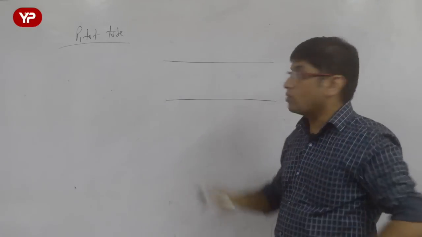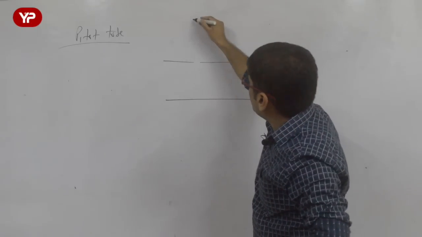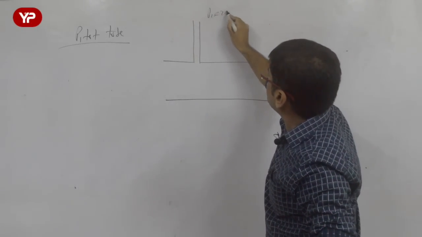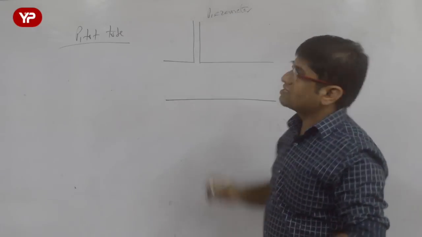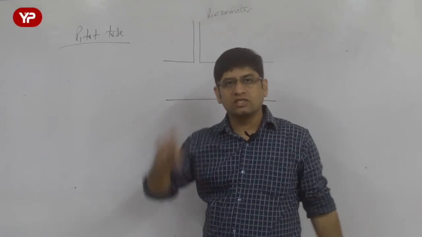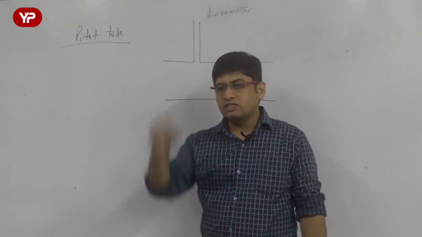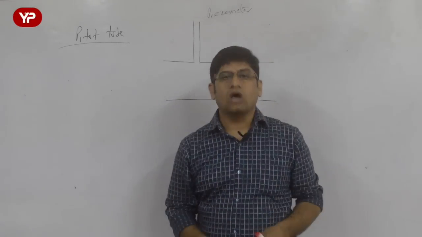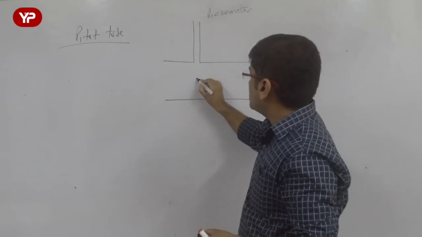Let me give you a pipe, and since the pipe has a pressurized flow, if I join a piezometer, you must know what a piezometer is. A piezometer is basically a simple glass tube. If you insert that glass tube in the pressurized chamber, then the liquid comes up.